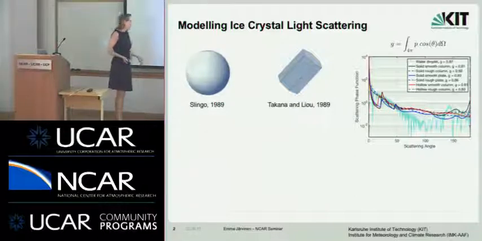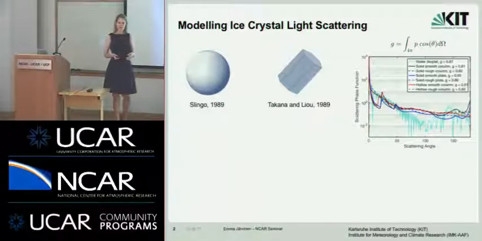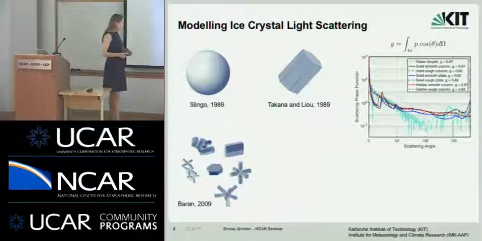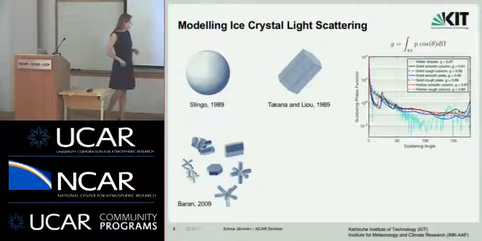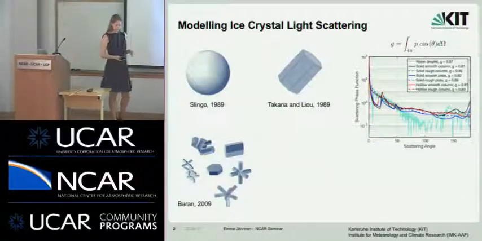But again, we don't just have hexagonal columns in the air. So model development went in the direction of more complicated models to really represent the atmospheric ice crystals. In the next models, we had different combinations of habits, different shapes for different sizes, and also tried to include some features such as hollowness within the ice particles.